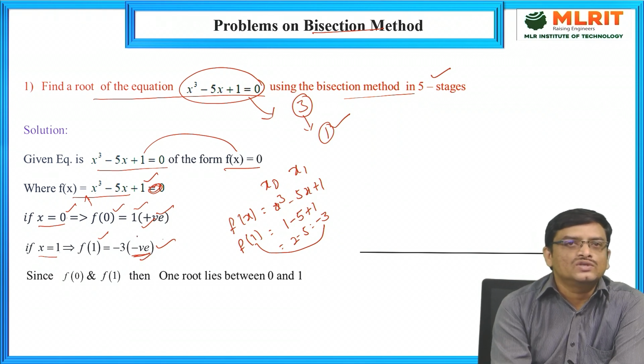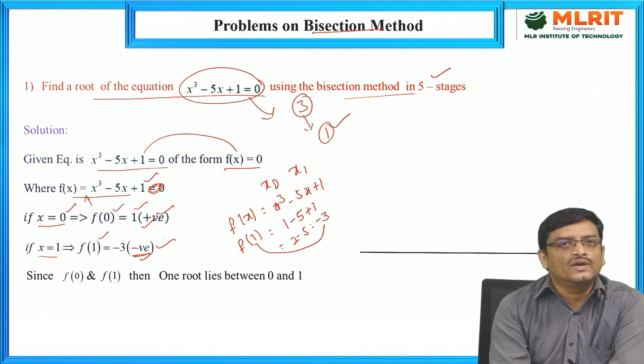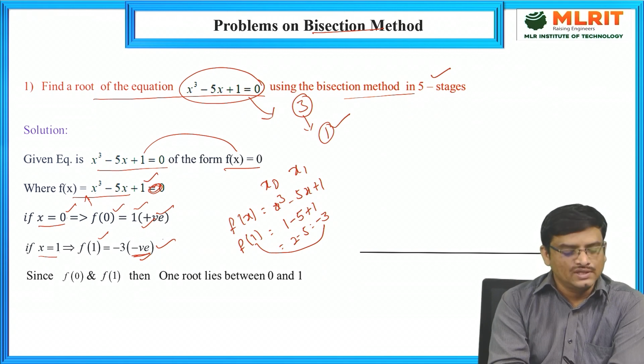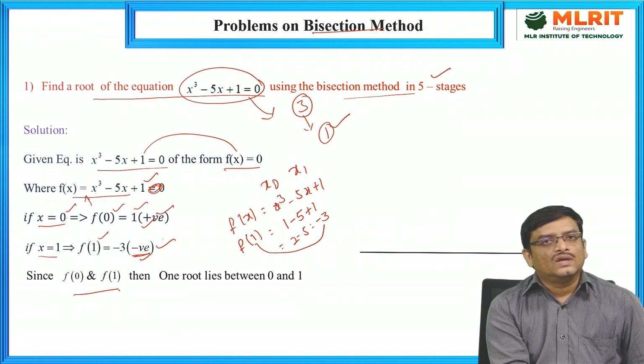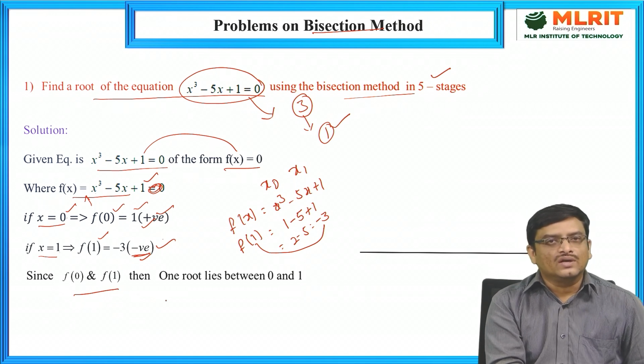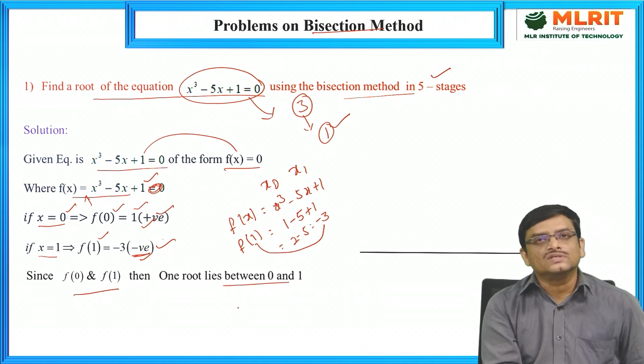Because f of 0 and f of 1 have opposite signs, we can conclude that the root lies between 0 and 1.